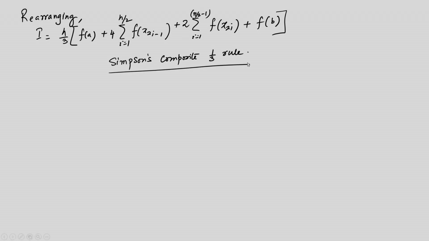Let me see a quick example of this. The integral of root over sin x dx from 0 to pi by 2, which we have done using just a 2 segment formula.